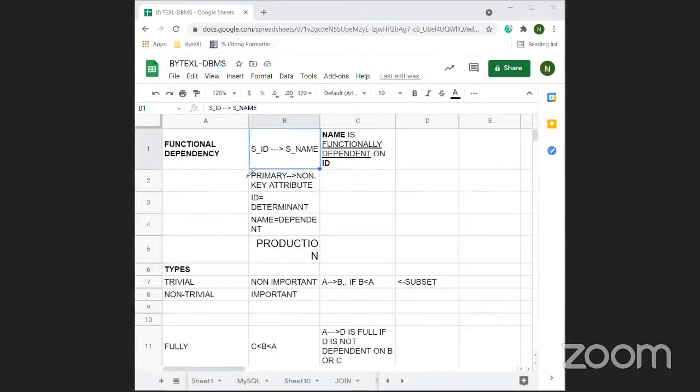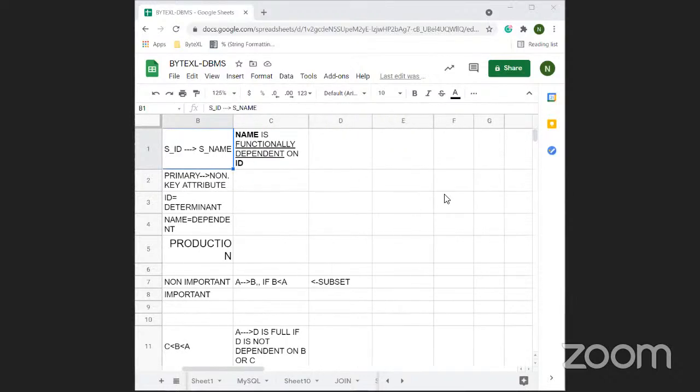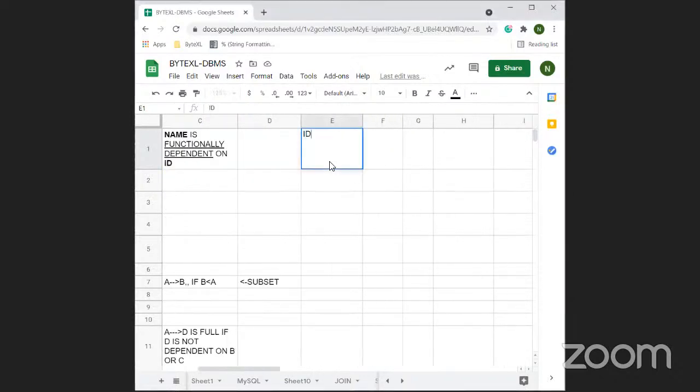Generally, how is it done? Some primary attribute or prime attribute, that is the important attribute, can give us the details of non-important attributes. Again, what is this prime attribute, non-prime attribute, and all those things? Simply let us take a table which contains ID, then some name, pin code, city.